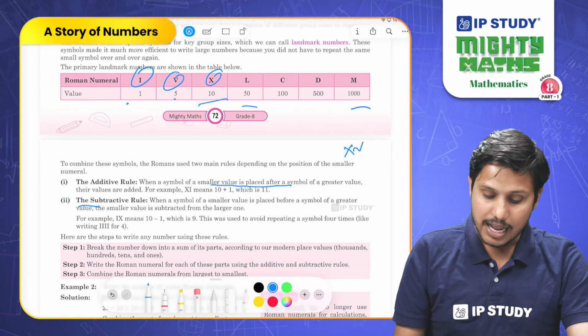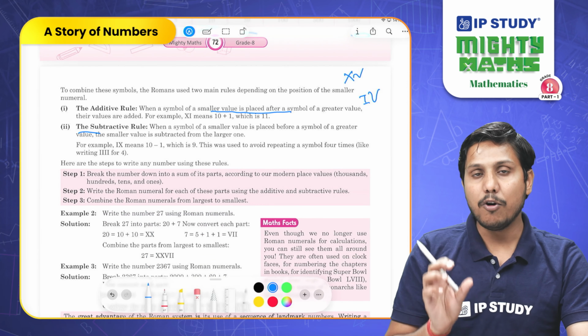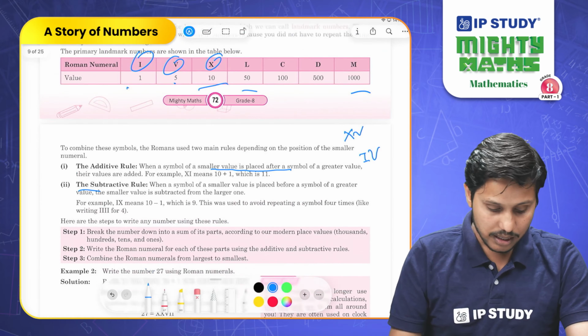Like if we have 5 and 1, the landmark symbol 1 is smaller than 5, if we use it over here, it will be 5 minus 1, 4. So based on these two, the additive and subtractive rules, the Romans were easily forming numbers using these landmark symbols.